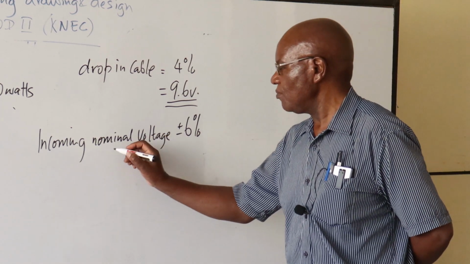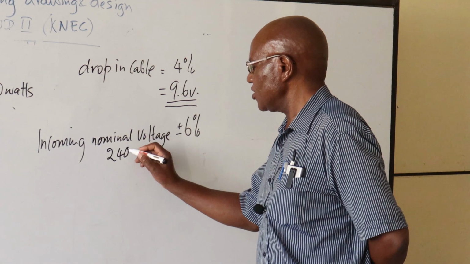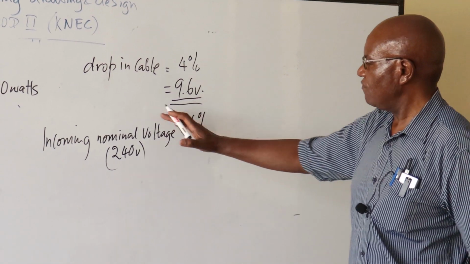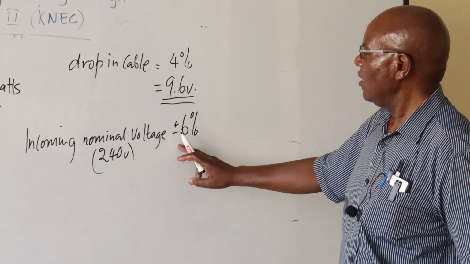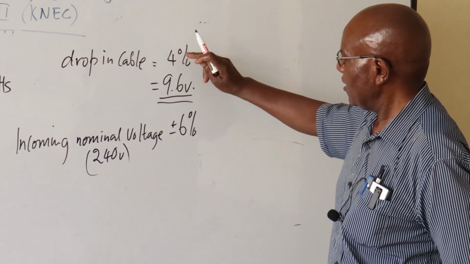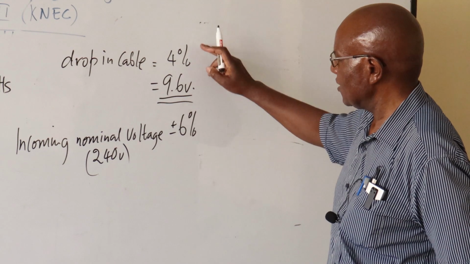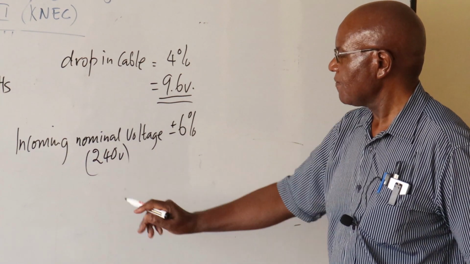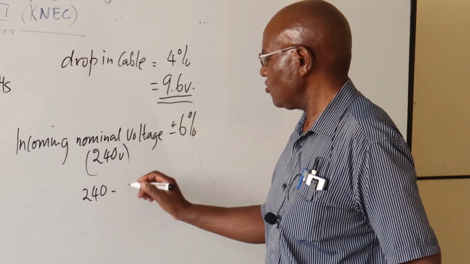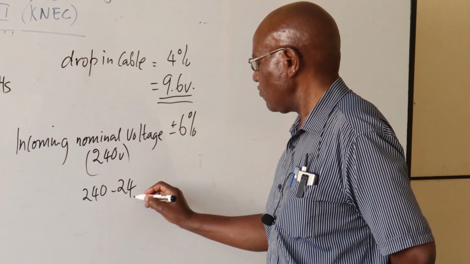The nominal voltage in our case is 240 volts. So you can see in the worst case, when this voltage is in the negative and the distance of our cable is so much, then the loss will be 10%. So out of the 240, 10% of 240 is 24 volts.